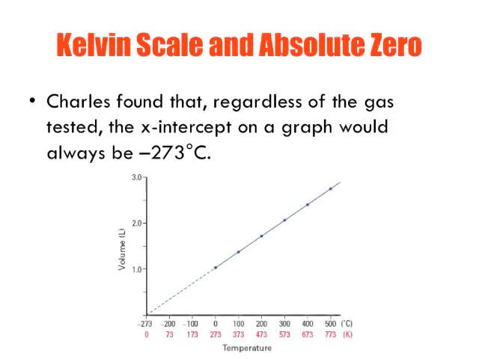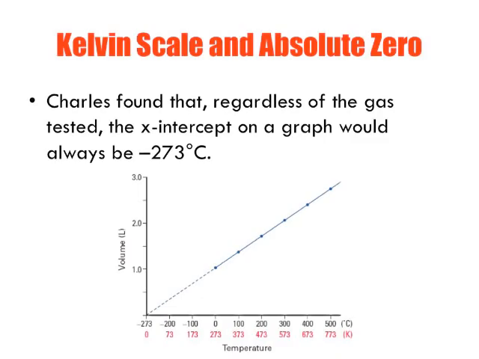So Kelvin scale and absolute zero. We're going to be looking at a new temperature scale. We've been using degrees Celsius, and we're actually going to use a different set of measurements. But now what we're going to look at, with what Charles has studied, is the following. He labeled on this axis temperature and volume, and what he noticed was as the temperature increased, so did the volume.